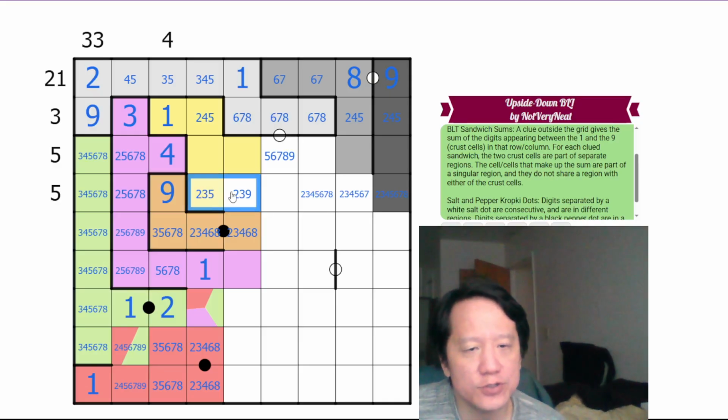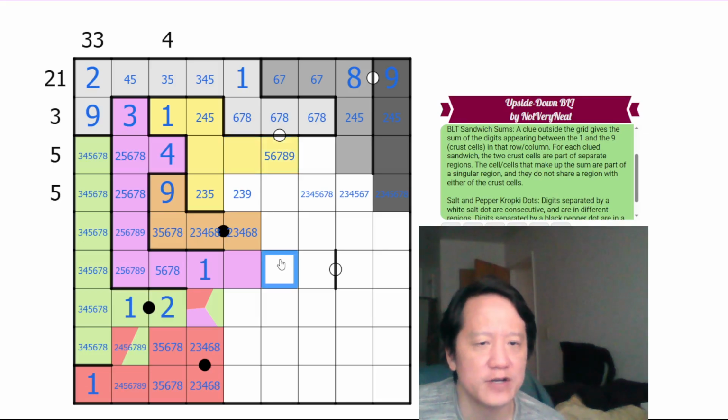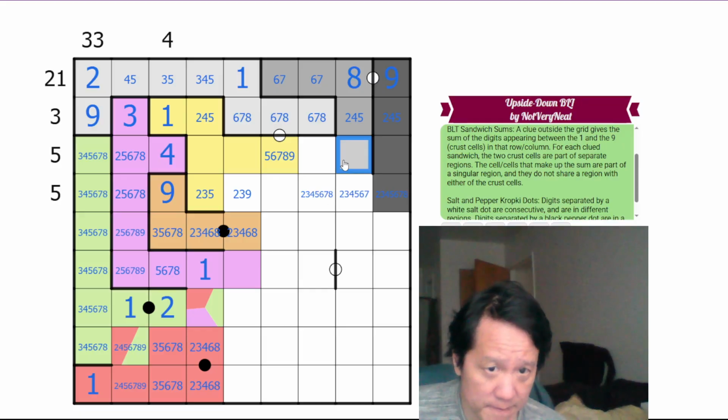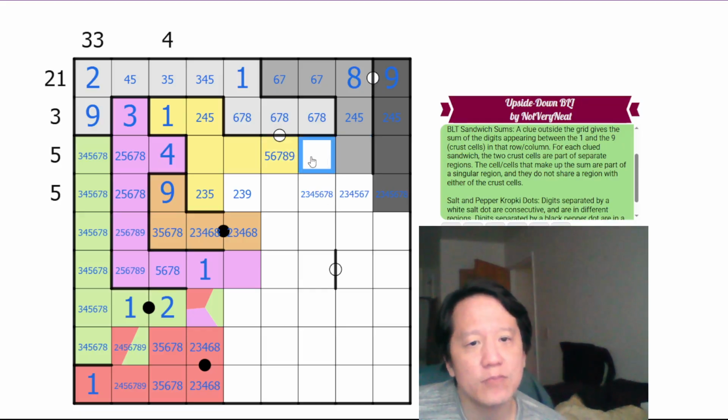So either this is 2, 3, 2, 3, and this exits that way, or this is 5, 9, and this exits out that way. So this is always going to be part of that cell there, or part of this region. One cannot be any of these. So we could have 9 something 1, potentially. 9, 5, 1.